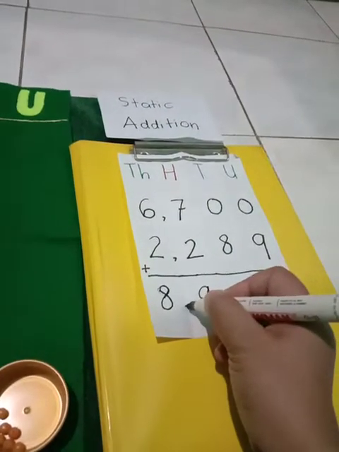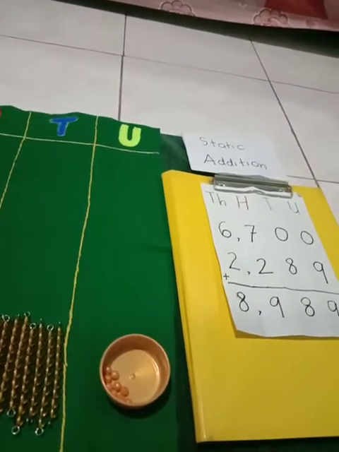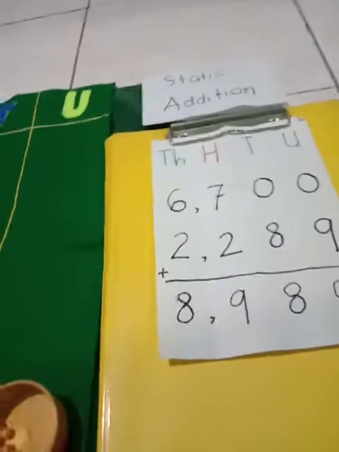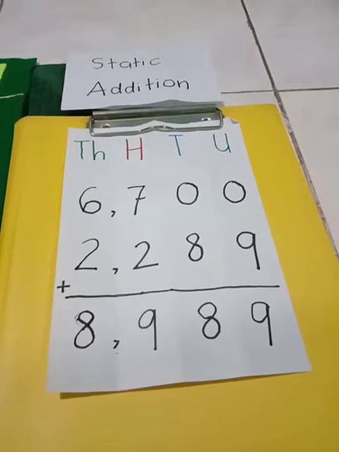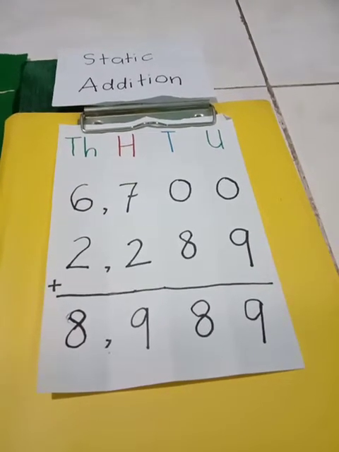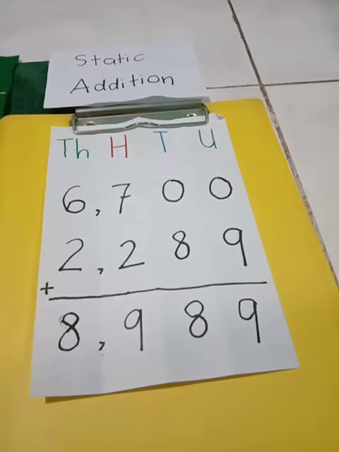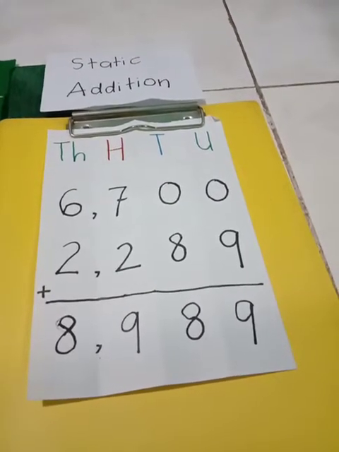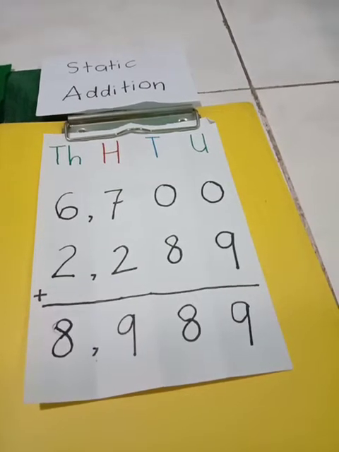Oops, I forgot the comma. So the sum of 6,700 added by 2,289, the sum is 8,989.